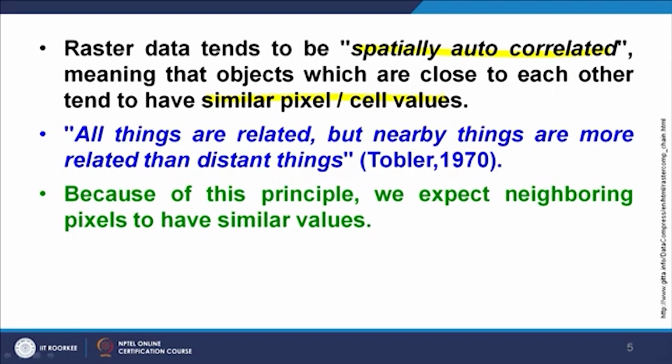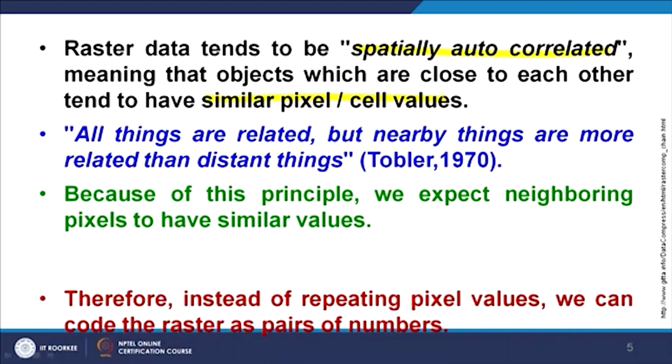The same thing applies here: all things are related, but neighboring things are more related than distant things. Keeping this principle in mind, we expect neighboring pixels to have similar values.